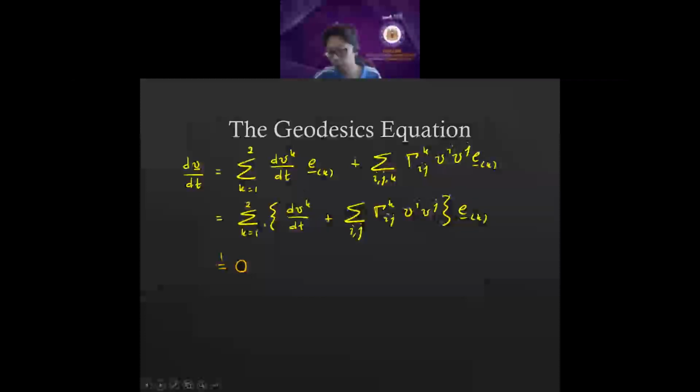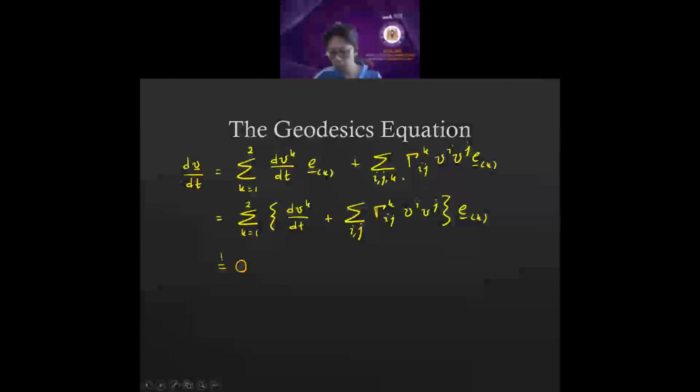This you can see is indeed a vector because we have a superposition of some multiples of the basis vectors. And so requiring that dV/dt vanishes implies that each component vanishes.